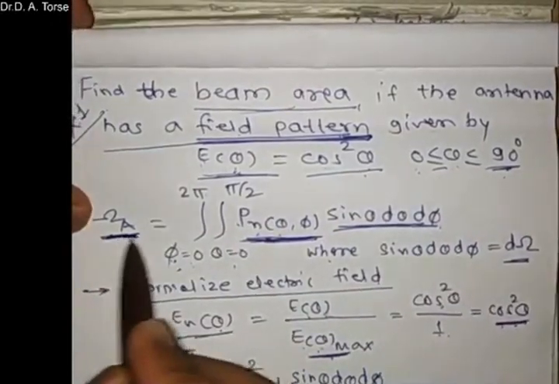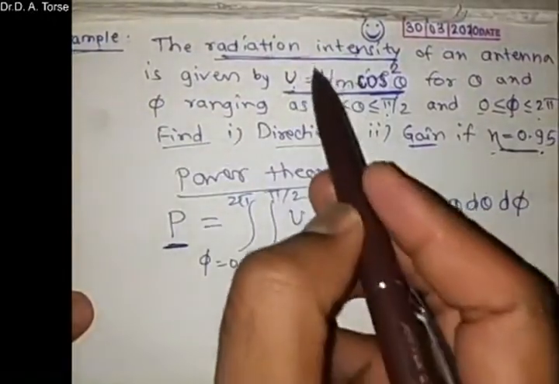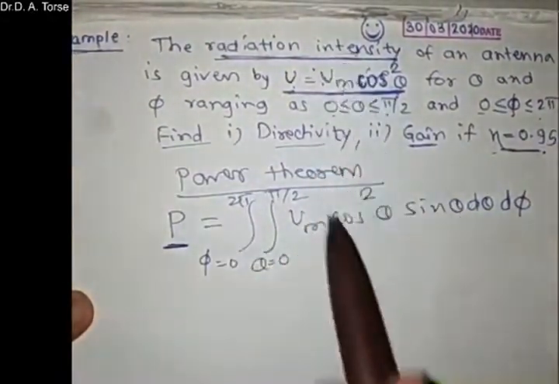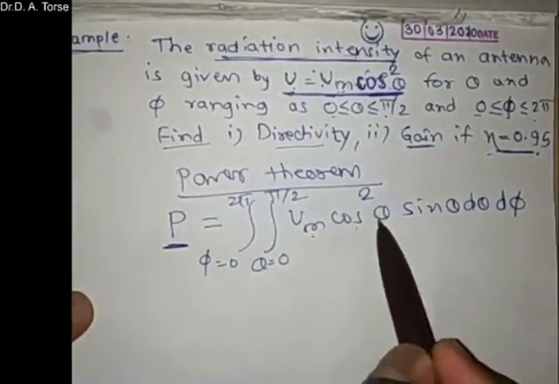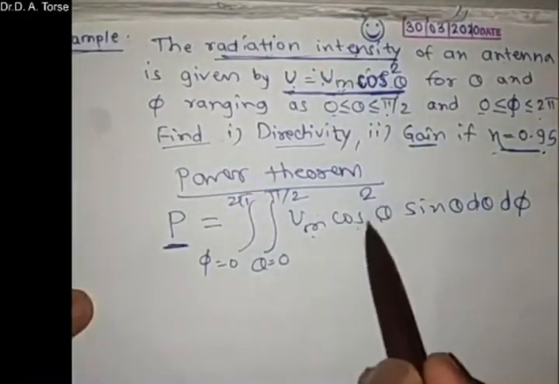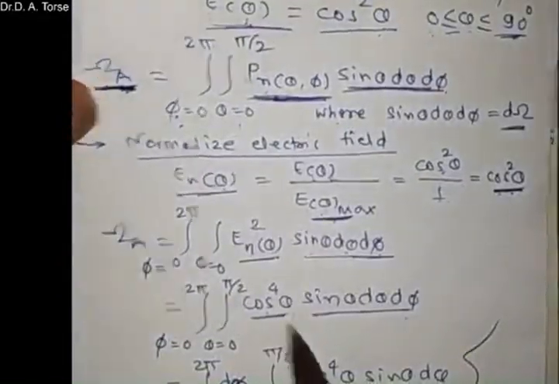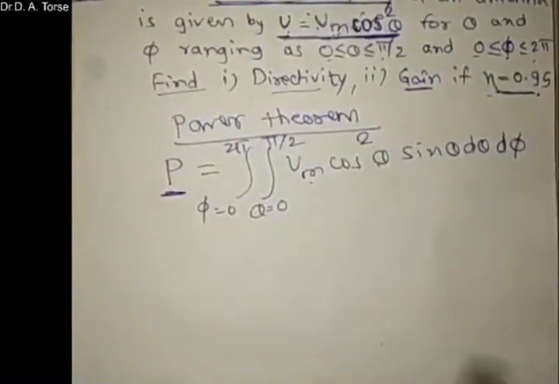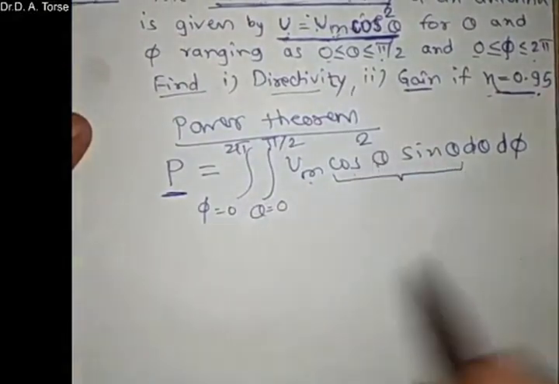But now we are not finding beam area, we are finding the power radiated by the given practical antenna having radiation intensity cos square theta. So there is no question of squaring this cos square term, which in the previous case we mentioned as cos raised to 4 theta. Now the question is to find the integral of cos square theta sin theta.